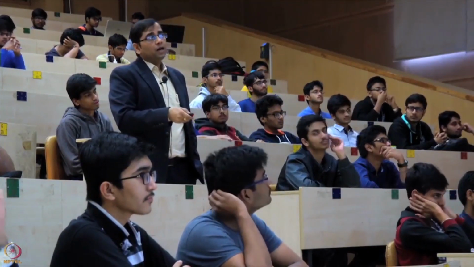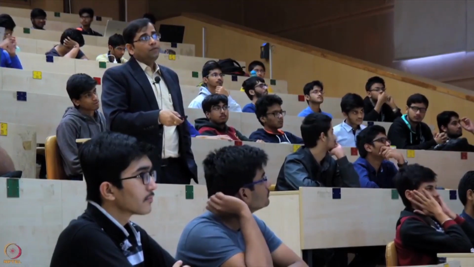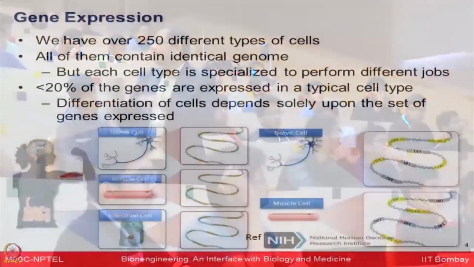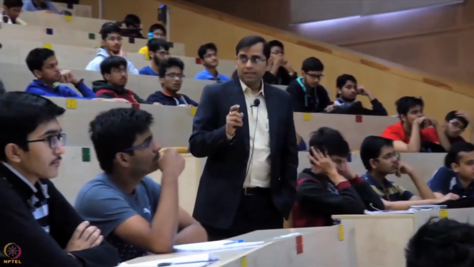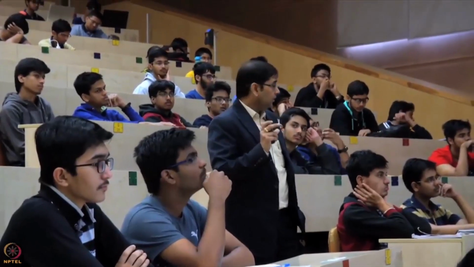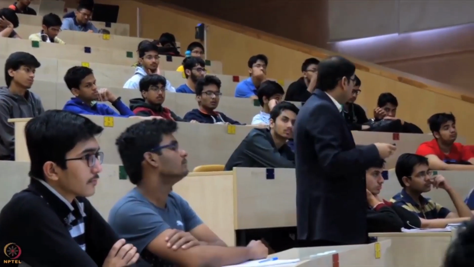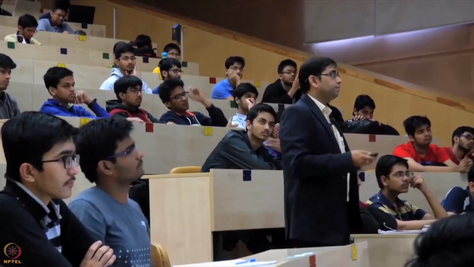So, only a few genes are expressed in nerve cells and some different genes are expressed in muscle cells. Not the same genes are expressed everywhere all the time, because a cell does not want to use all its energy to express everything everywhere. So, specialized genes are being expressed in a specialized cell type, and that is what is shown here: while all the genes are present all the time, only specialized genes are being expressed in specialized cells, and that is going to give those organs the unique ability to tackle those particular functions.